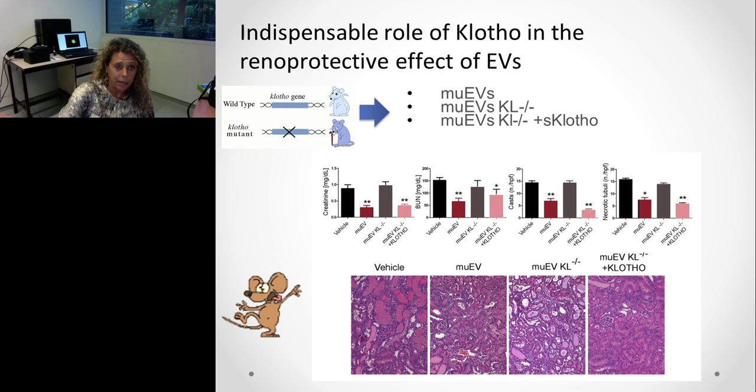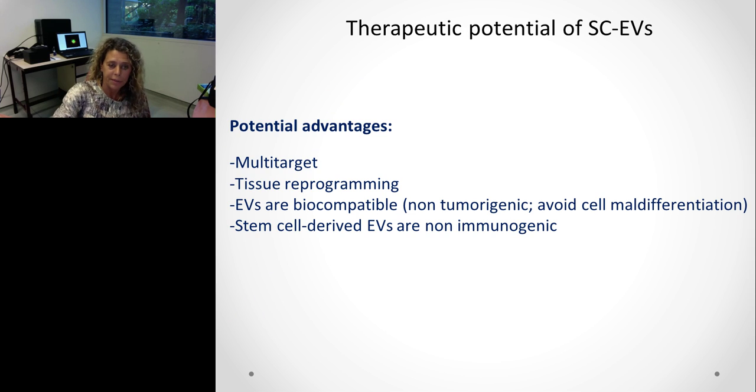They have the possibility to target multiple organs and to reprogram tissue, acting with a synergy of factors. Possibly many factors in the cargo of EVs are doing the job simultaneously, and it's very important that they may reprogram the tissue, and they may target at the same time different levels, different mechanisms.